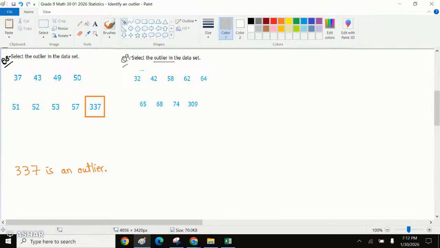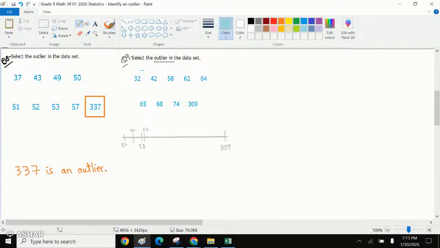So again, let's try to draw a number line. Let's see where the numbers can be. Can we say this is 32? Can we say this is 42? Can we say this is 58, 62, and so on? And 309 would be very far away.